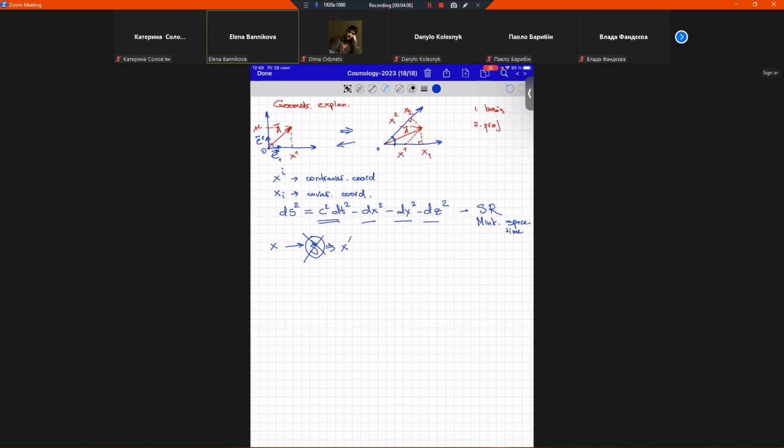So again, the transformation which we would like to see, the transition of the vector from one reference system to another, I will schematically write like this. This is one reference system X with corresponding axis xi, for example, and we go to another reference system, which I will now call X prime.